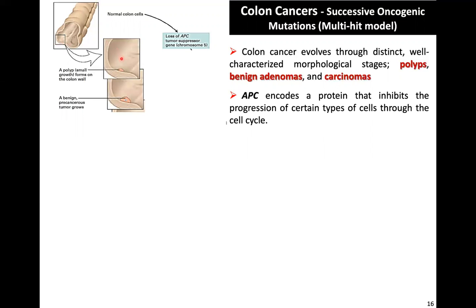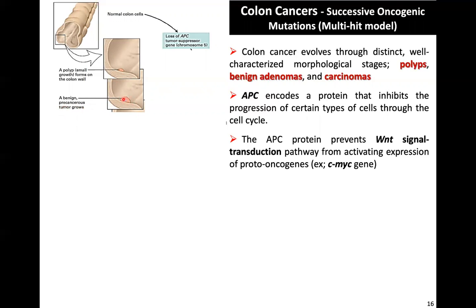Initially, the loss of function of an important gene, the APC gene, a tumor suppressor gene on chromosome 5, leads to the formation of a polyp, which is a small outgrowth on the colon wall. This polyp starts to grow to form a precancerous tumor growth, and still in this stage, it's not malignant.